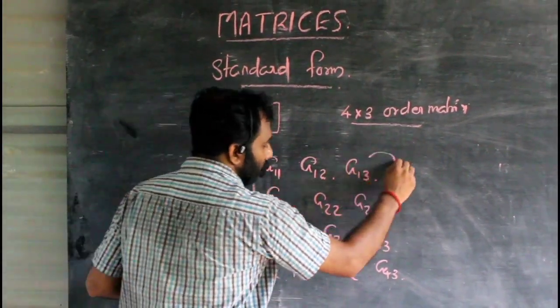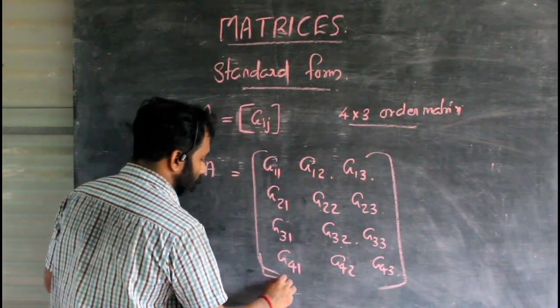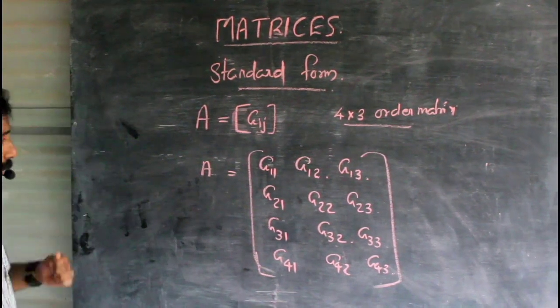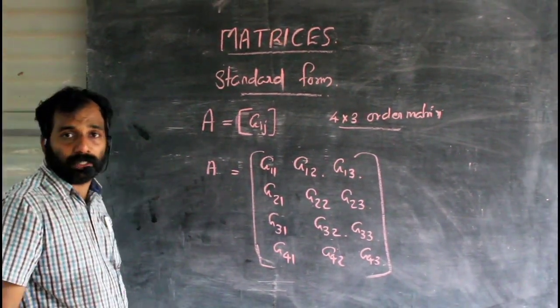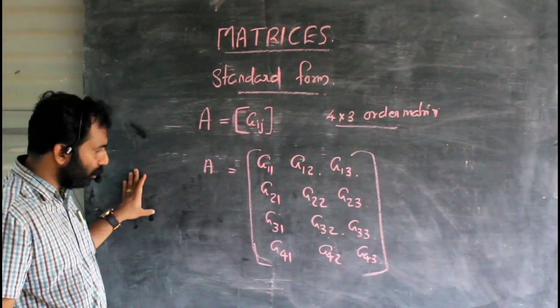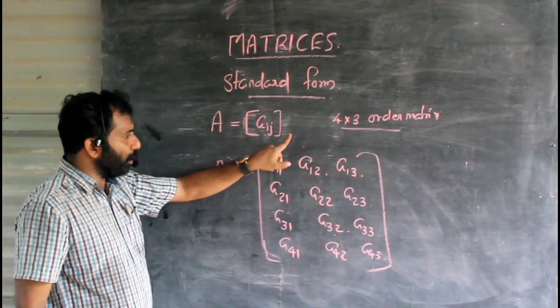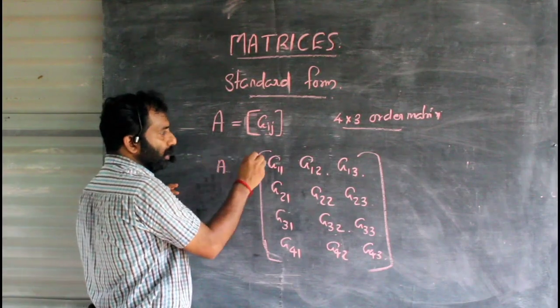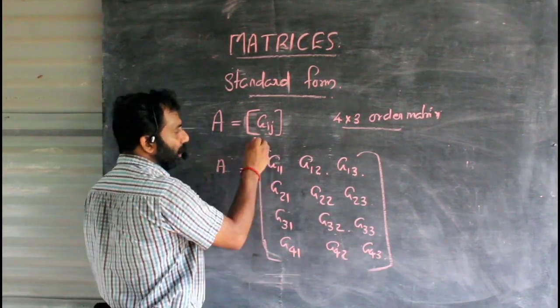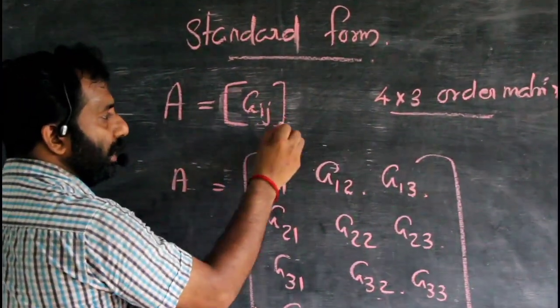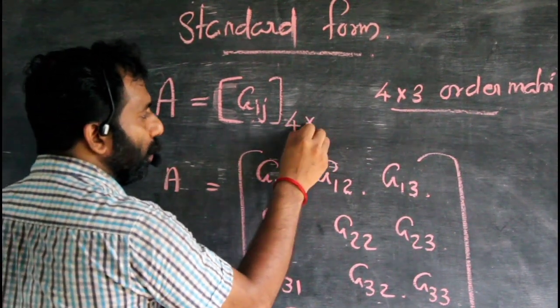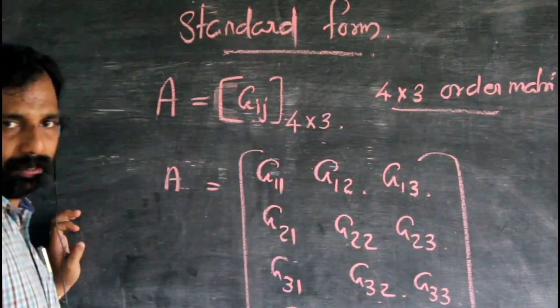So we put it in brackets. So we got a rectangular arrangement. See, here it is a 4 by 3 order matrix. So I represent this matrix in the standard form as matrix Aij, and we write the order of the matrix here, 4 by 3.